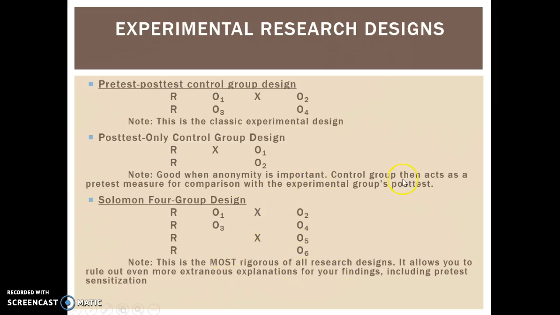So their intervention was watching a pornographic clip. Well, if you already know from the pretest that they're looking at violence toward women, then when you watch that pornographic clip, that's what's going to be in your mind. That's what you're going to be thinking of. So you will be looking at the relationship between pornography and violence toward women, and that will then influence your response on the post-test.